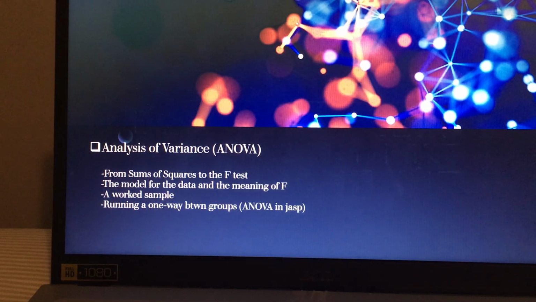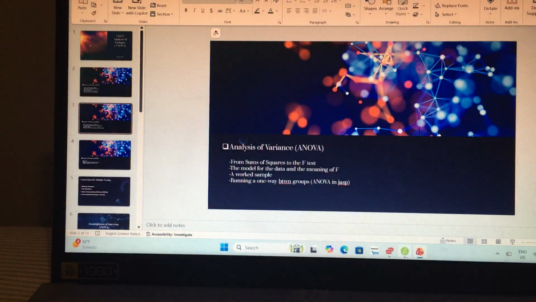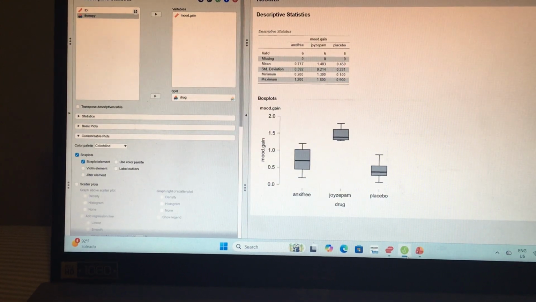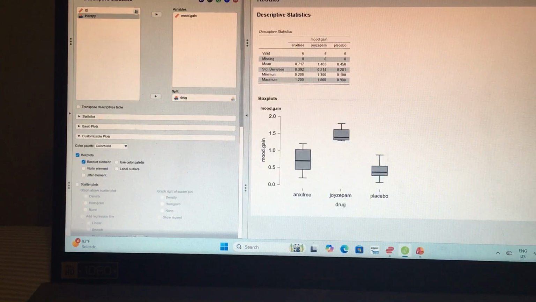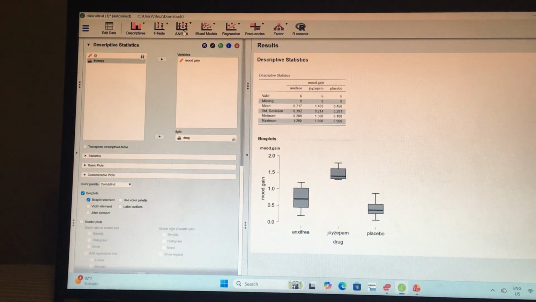So here we go. We're going to go back into JASP and pull this up. We're going to go to ANOVA, which is right up here in the top setting. Okay, ANOVA.